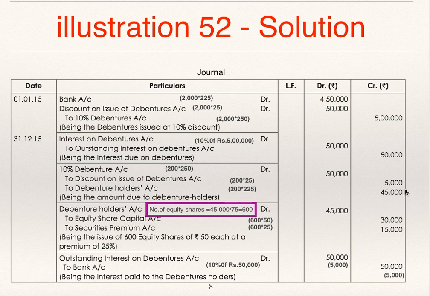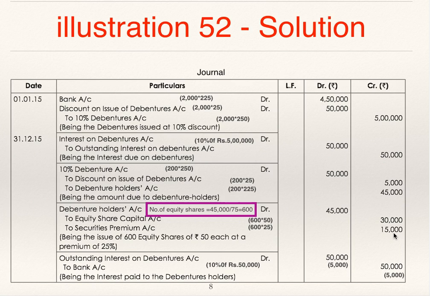So company has collected 45,000 from these 200 debenture holders. So only this 45,000 will get converted into shares. So debenture holders account debit 45,000, to equity share capital account 30,000, to securities premium account 15,000.